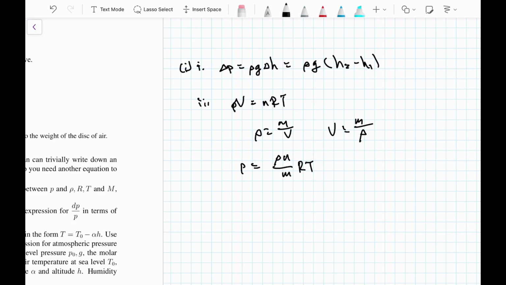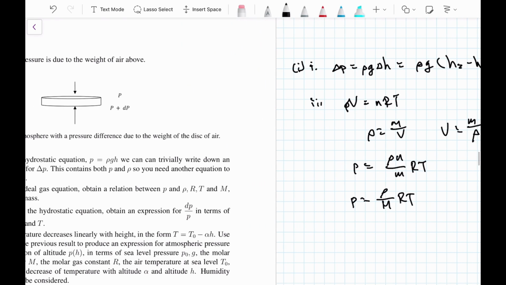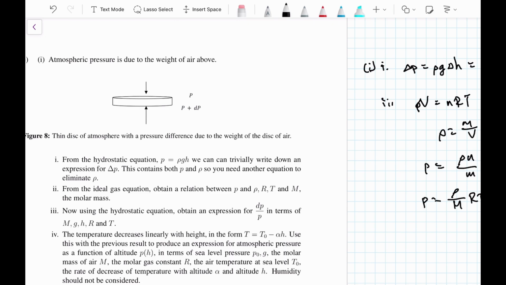The number of moles is the mass over the molar mass, so n over m should be equal to 1 over the molar mass. So the pressure should be equal to rho over the molar mass, times RT. And that should be the second equation.